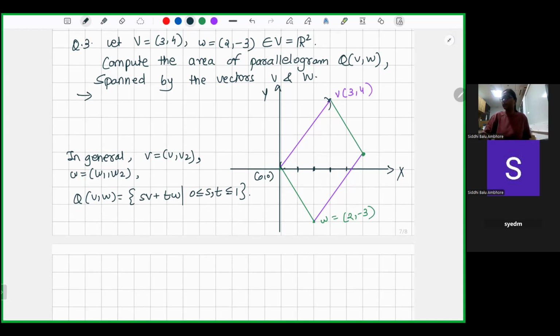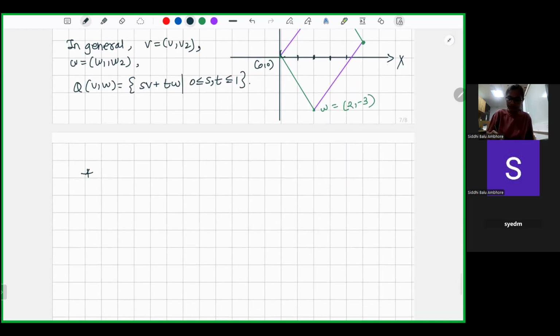Okay, and the area of a parallelogram is obtained by calculating the determinant.